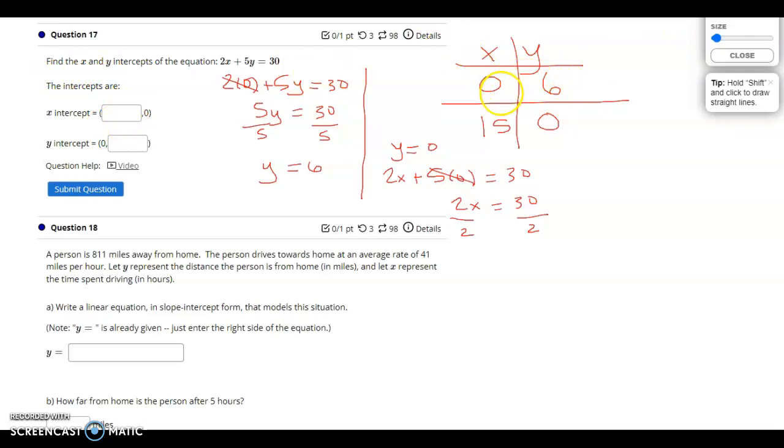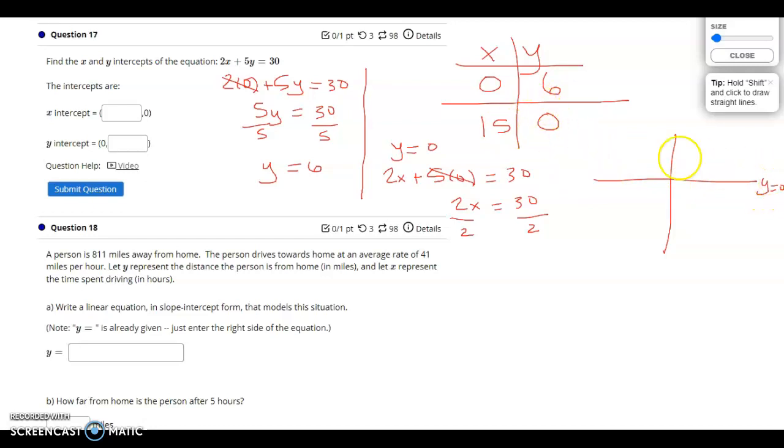The x-intercept, we know y is 0, and the y-intercept, I think I said that wrong 2 times now. So the x-intercept, I'm just going to draw it to make sure there's no confusion. The x-intercept is on the x-axis, and this is where y equals 0.